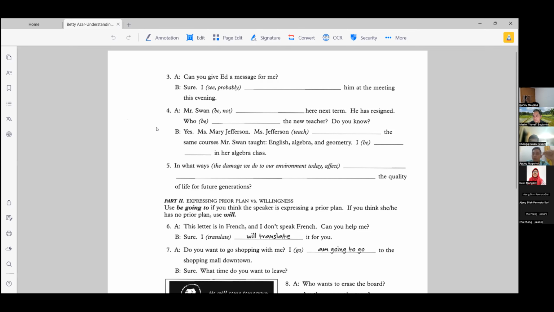But number 4, because we have another sentence that explains it, not part of the same phrase, that can be used as the reference. That is why I agree with you: Mr. Swan is not going to be here instead of won't be here. Because the level of sure things to happen is slightly higher than will. Okay, thank you, sir. Thank you, Vavai.